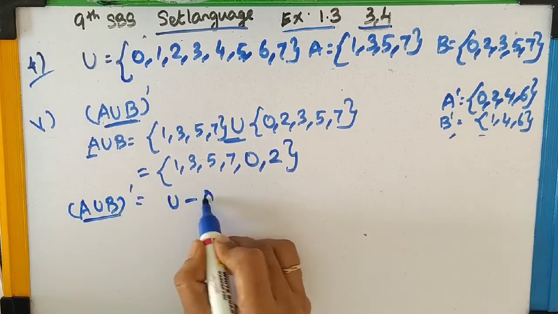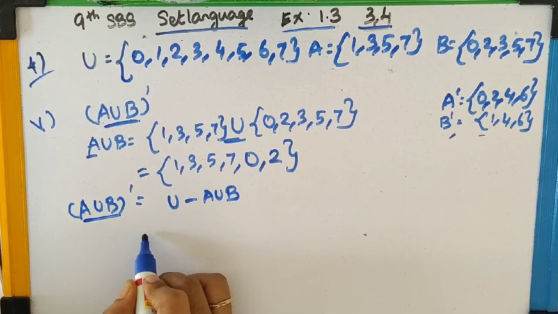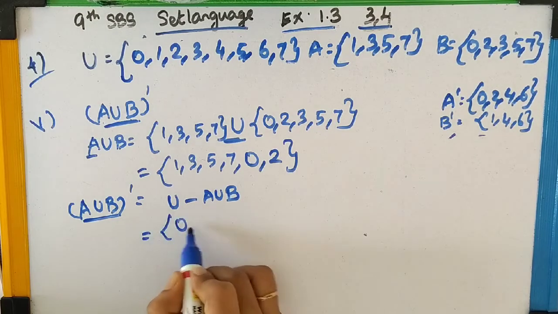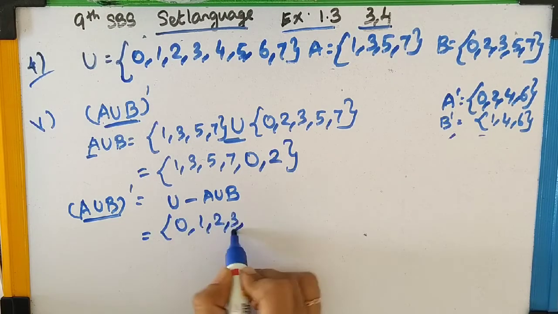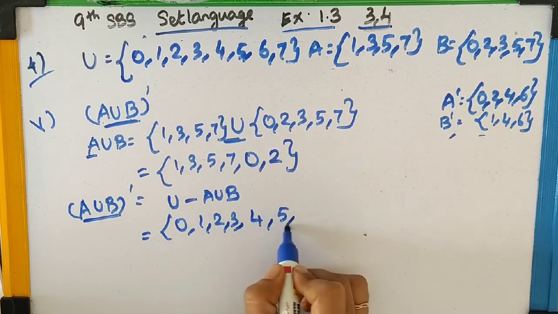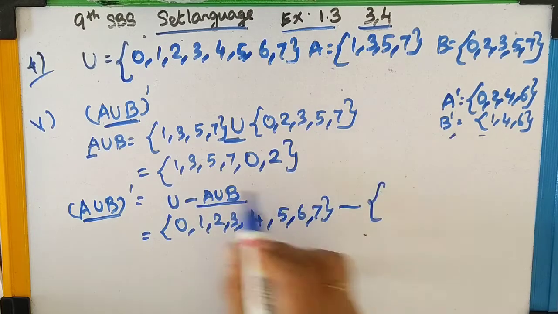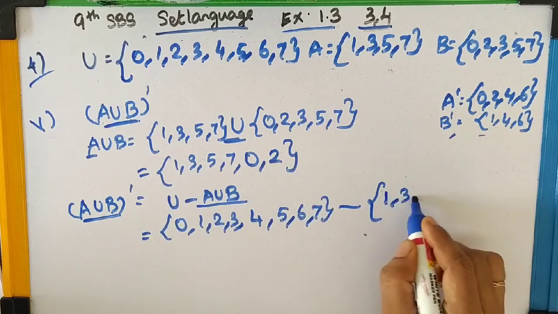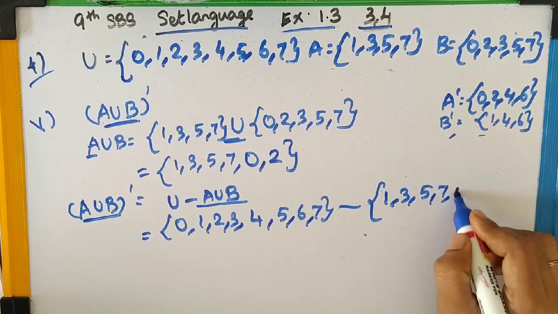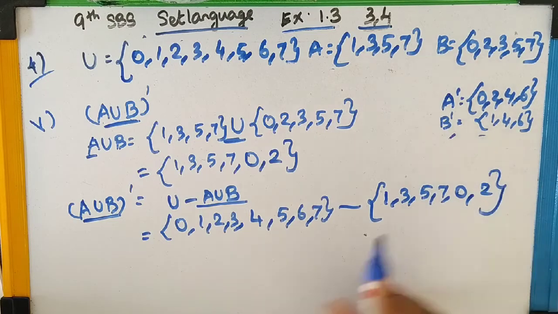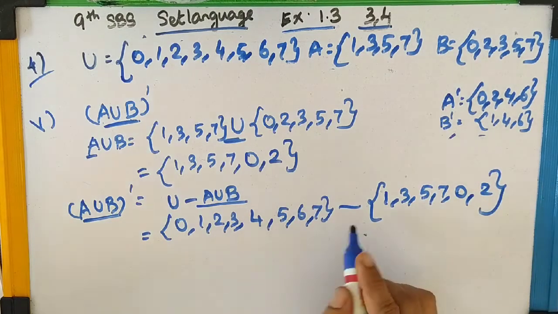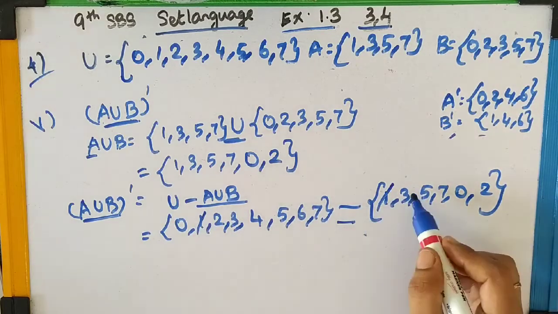Now, what is A union B whole dash? That is except A union B. That is universal set difference A union B set. What is the universal set? See the question. 0, 1, 2, 3, 4, 5, 6, 7. Difference. What is A union B we have found? 1, 3, 5, 7, 0, 2. How should we find the difference?